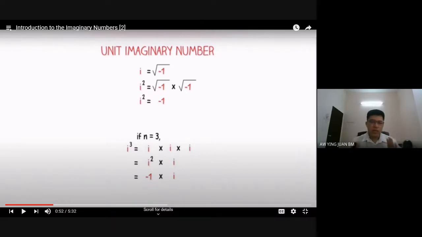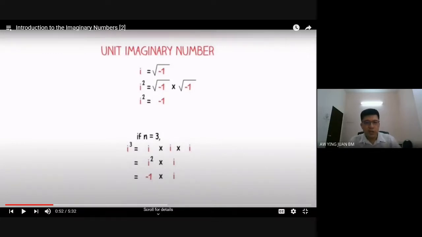Okay, so here I will not go deep. My focus is the unit imaginary number, that's all. So i times i, we have i squared. As I mentioned earlier, whenever you see i squared, it is automatically negative 1.